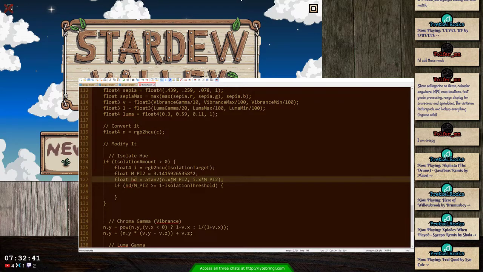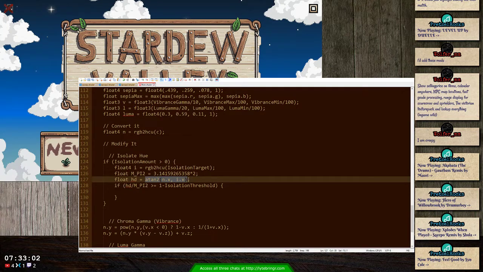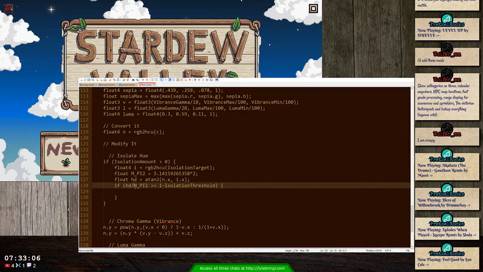Arctangent doesn't care about multiplicity because you're taking the ratio of two things. And so it doesn't matter if you multiply those by 2 pi. But your output will be an angle, and it'll be in radians, so we need this right here.